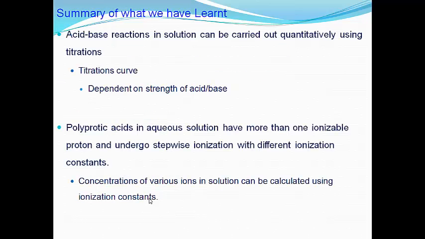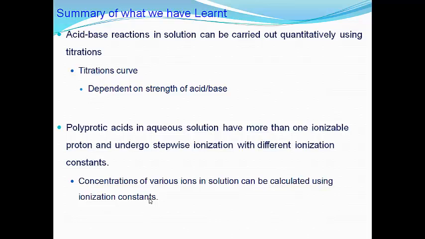So let us wrap up what we've learned from this lecture. We basically looked at some acid-base reactions in solution, which are effectively done through titrations or titrimetry, and we monitor the pH change in those acid-base titrations, and use the pH changes to determine the equivalence point, and also to calculate the amounts of unknown in a solution.